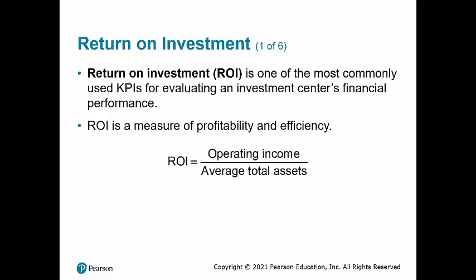Return on investment is one of the most commonly used KPIs for evaluating an investment center's financial performance. ROI is a measure of profitability and efficiency. Companies typically define ROI as follows: operating income divided by average total assets.